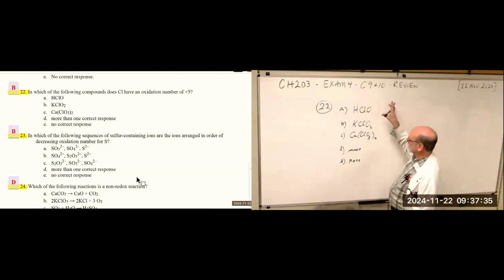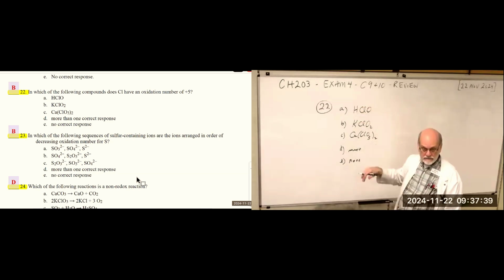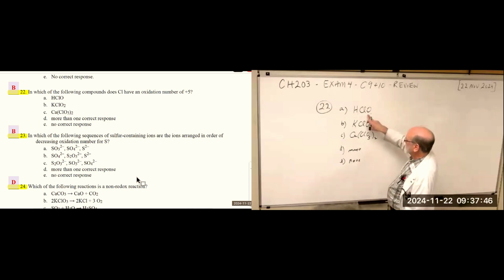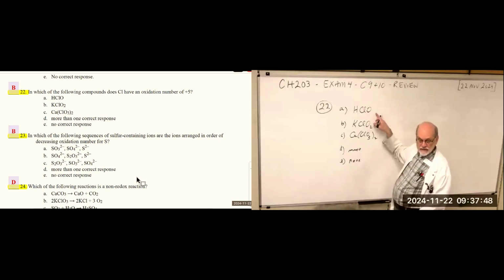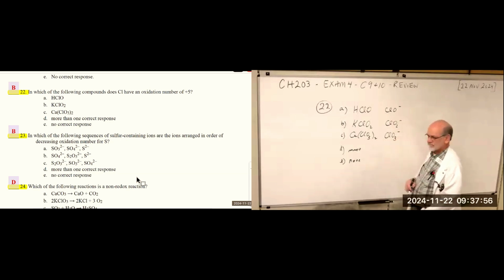Now we could do this thing just, take all neutrals and just work it out. But if we're looking for chlorine, I say these are polyatomic ions. That one is ClO. This one's ClO2. And this one's ClO3. Okay. So each one of these oxygens is a -2.